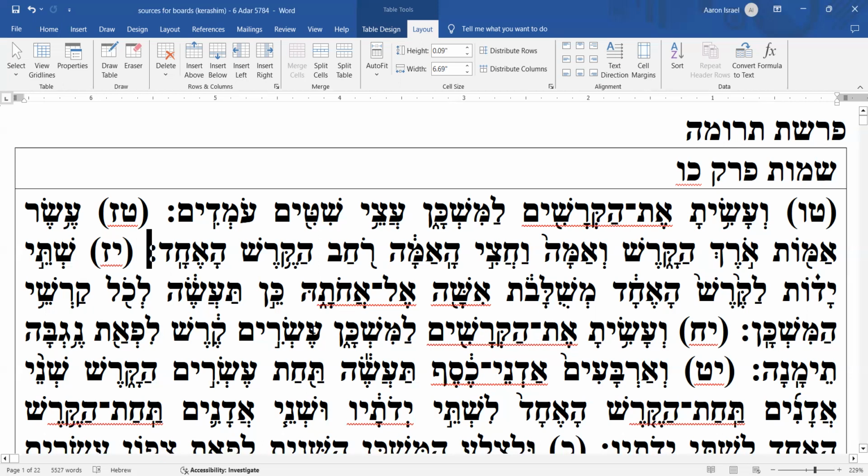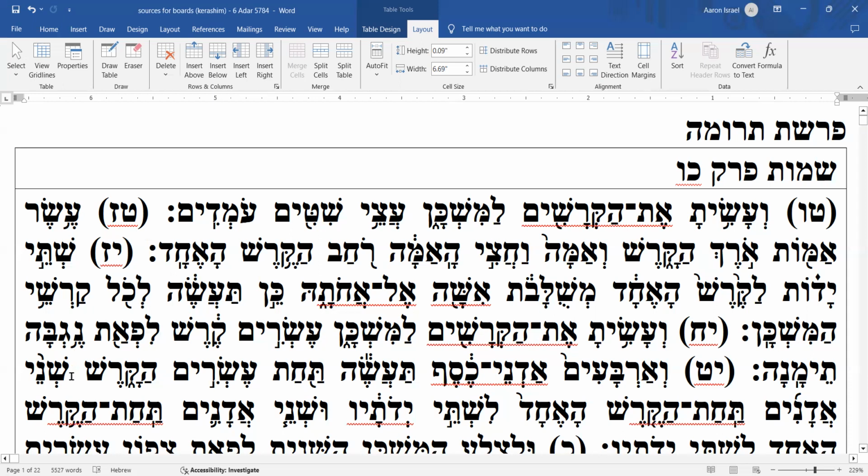When you make the Kerashim for the Mishkan, Esrim Kerash, there will be 20 of these, lifat negev teimanah, for the Negev, the south side of the Mishkan should have 20 of these boards. Arba'im Adnei Chesef Ta'aseh Tachat Esrim HaKerashim.